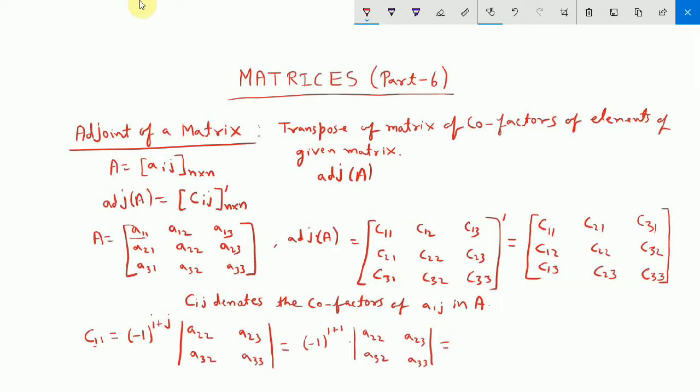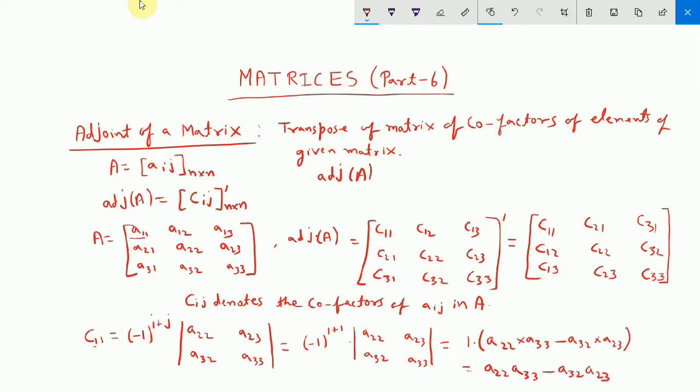This is equal to minus 1 to the power 2 will become 1, and when we open this determinant, this will be A22 into A33 minus A32 into A23. Okay. So this is the value.